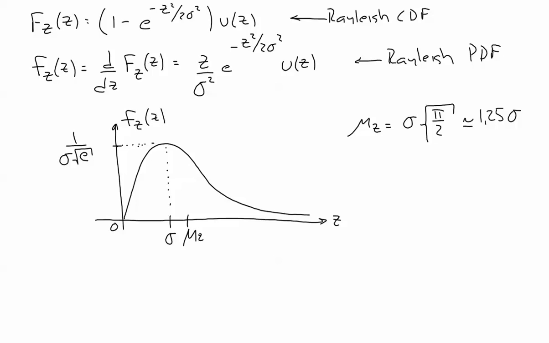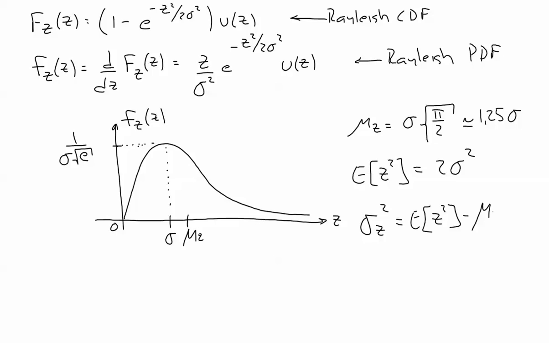For the Gaussian, we also saw this. The mean squared value is 2 sigma squared, and the variance is, this is from a long time ago, the mean squared value minus the square of the mean, and that is 2 minus pi over 2 times sigma squared.